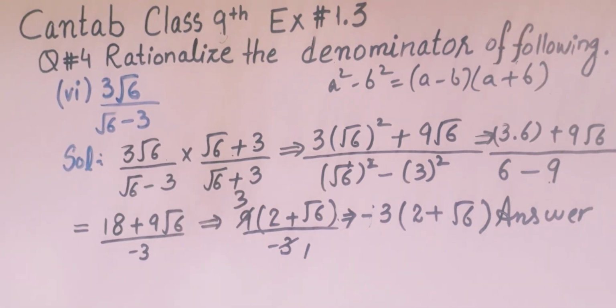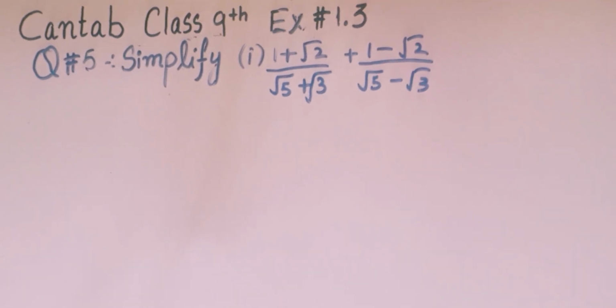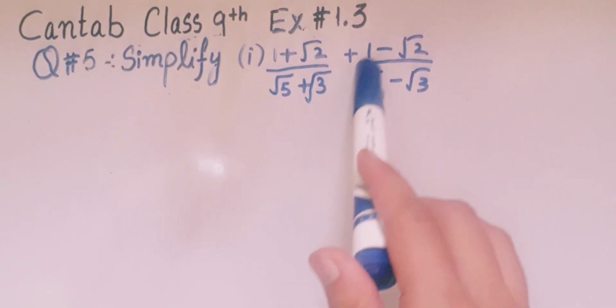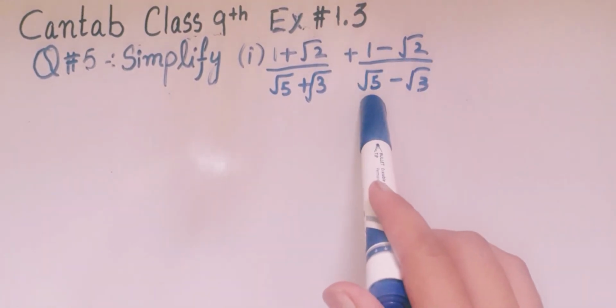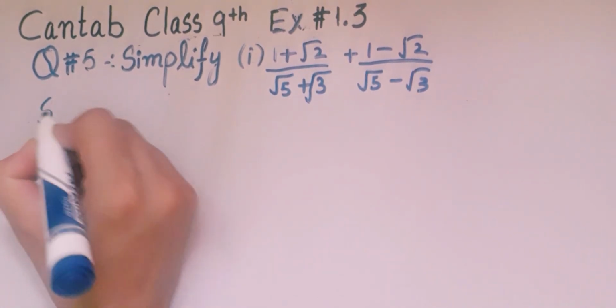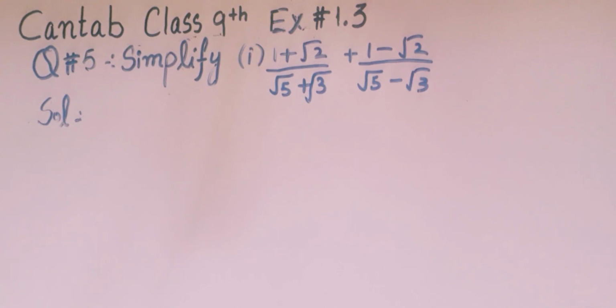Now we will do question number 5. So first part of question number 5 is 1 plus square root 2 by square root 5 plus square root 3 plus 1 minus square root 2 by square root 5 minus square root 3. So we will solve this question in very easy way.